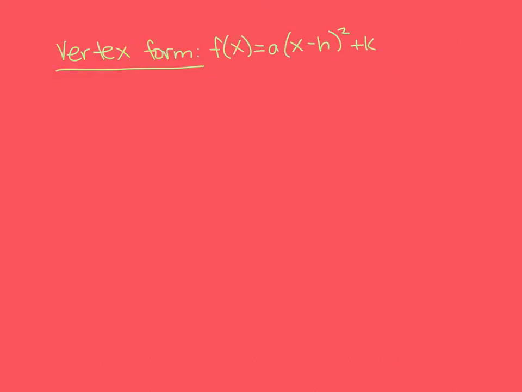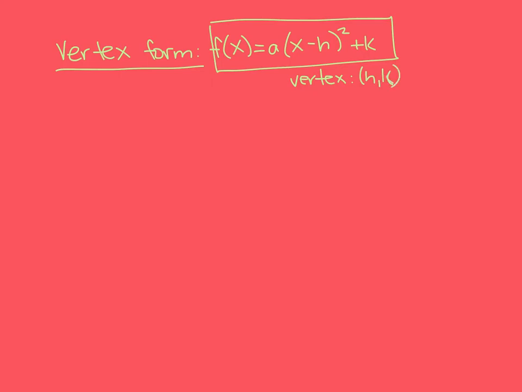So the last thing I want to talk about is the vertex form of a parabola. It looks like this. You can get to it by completing the square, or if you're lucky, actually the graph will already be given to you in vertex form. And the reason we call it vertex form is because the vertex is that point (h, k).